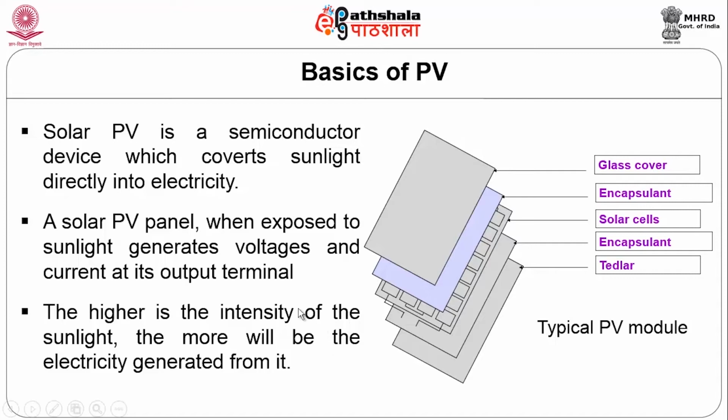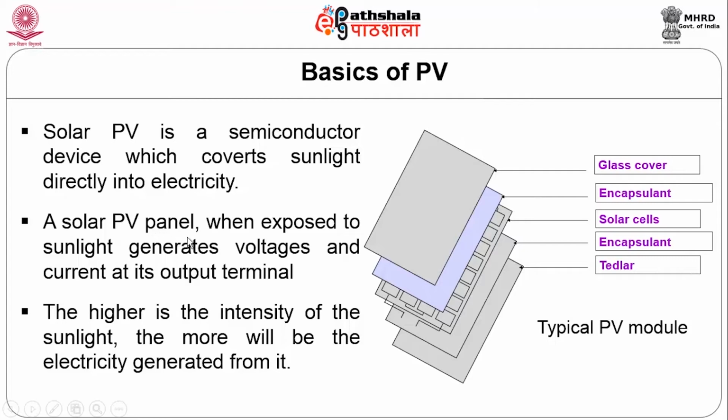With this background, we are going to see the solar photovoltaic technologies, and before we see the technology, it is good to discuss the basics of a photovoltaic system. A solar PV is a semiconductor device which converts sunlight directly into electricity, from solar radiation into electricity.